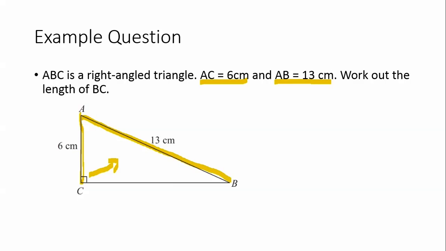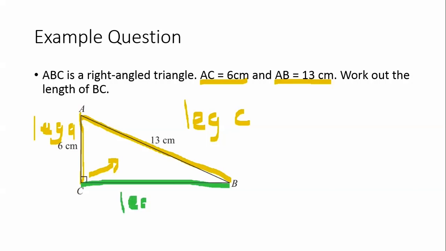So that means this is the hypotenuse, and since it's also the longest side amongst the three sides of a right angle triangle, this will also be known as leg C. And here we have leg A. That means the side which they are asking to find is BC, which is leg B.